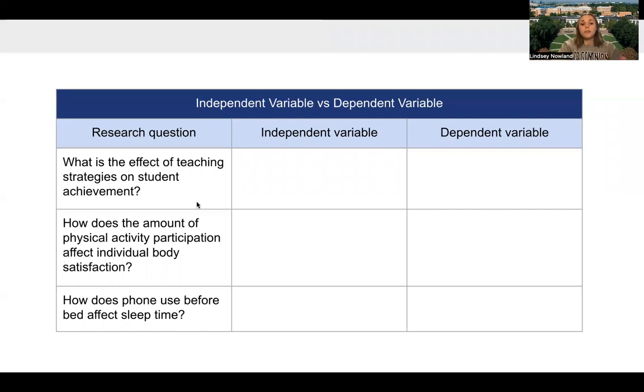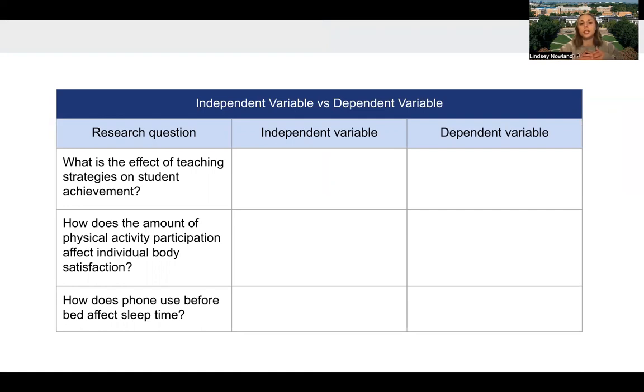So if you hypothesize, I hypothesize that a teaching strategy, if you have 3 levels of teaching strategies, will, level 1, I hypothesize that level 1 will have this sort of effect on student achievement.